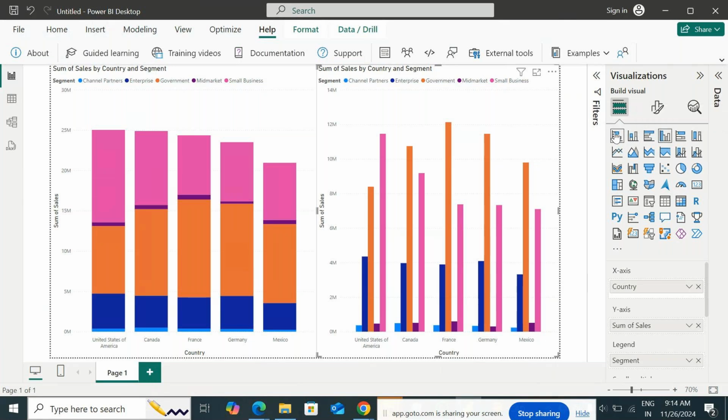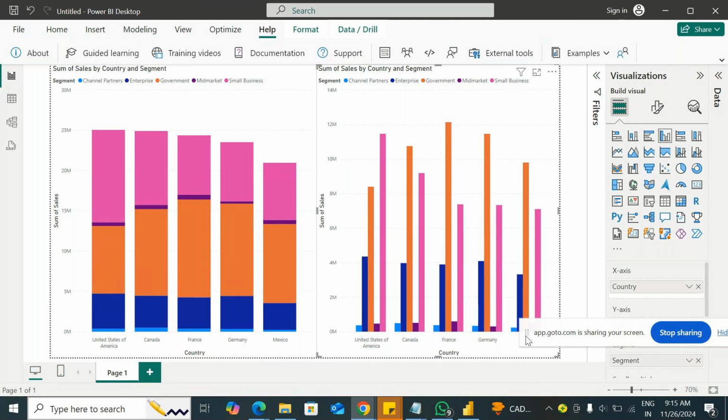For the first two and last two, the difference is whenever you have two dimensions, stacked bar is going to represent one on top of another, whereas clustered bar is going to showcase separately. Now, as a fourth point, when to use this one, when to use this one.